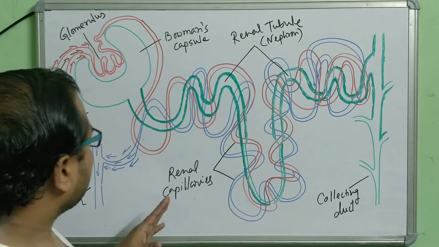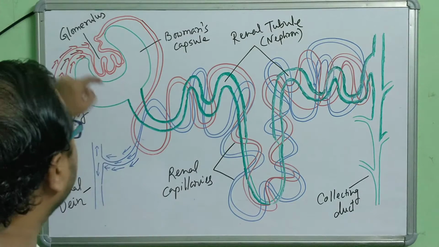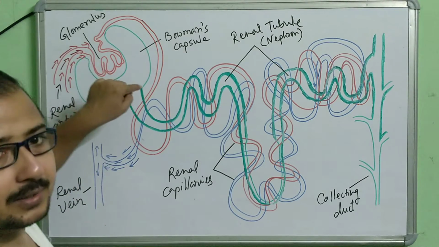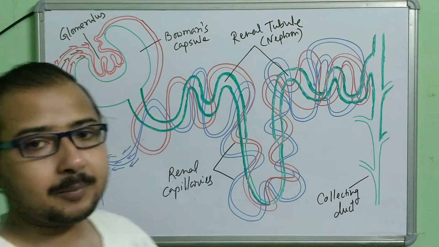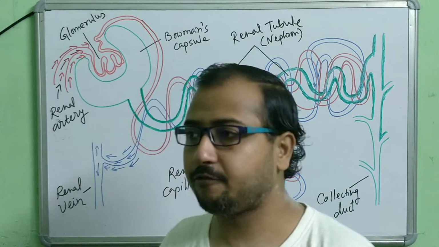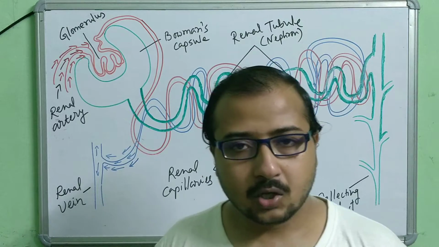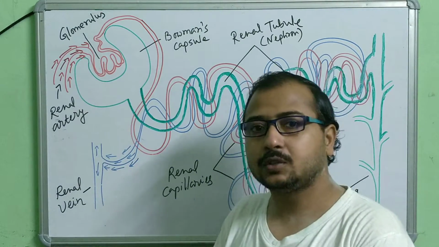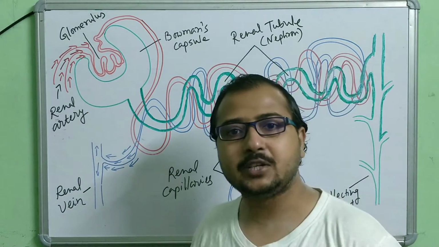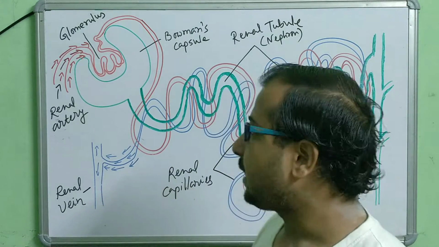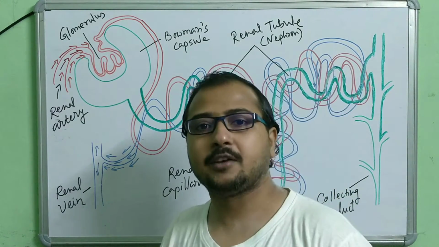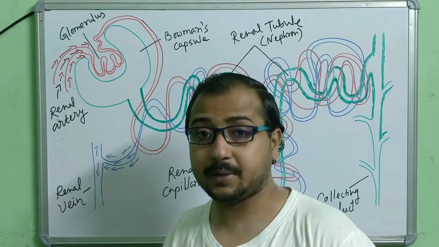Now what happens here? The capillaries are comparatively finer blood vessels compared to the arteries or veins. So when the blood enters these finer capillaries, automatically the speed of the blood increases, and as a result a pressure develops, that is called hydrostatic pressure.